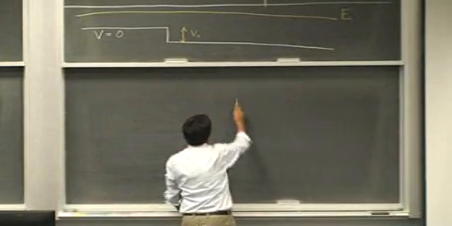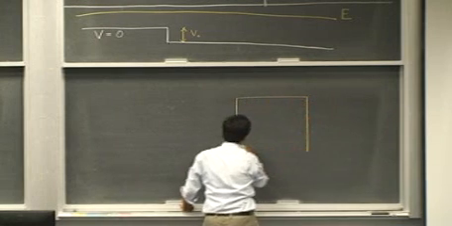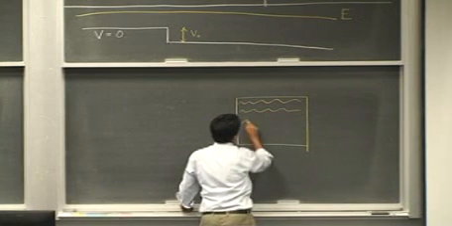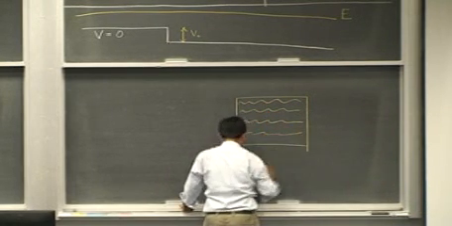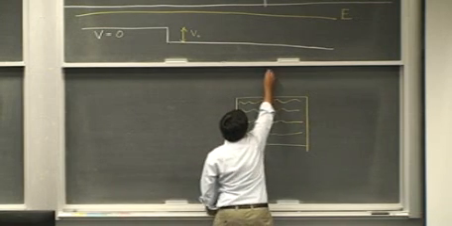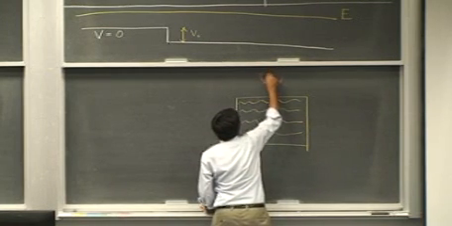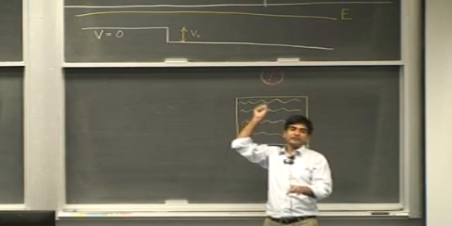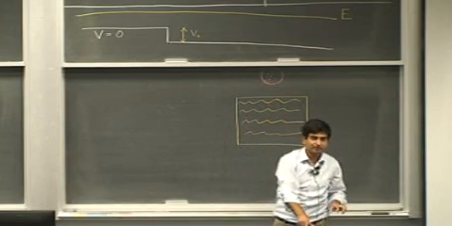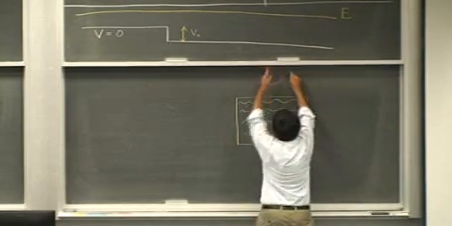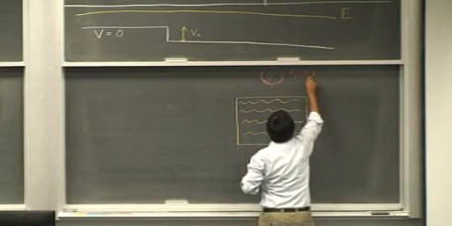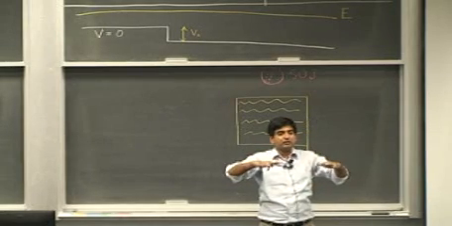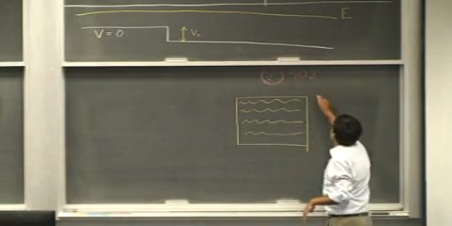It's just like having a pool of water, and you have a cricket ball, and this cricket ball is thrown with a certain energy into the pool of water. Suppose this cricket ball has an energy of 50 joules, and this pool of water represents a potential barrier of say 20 joules.